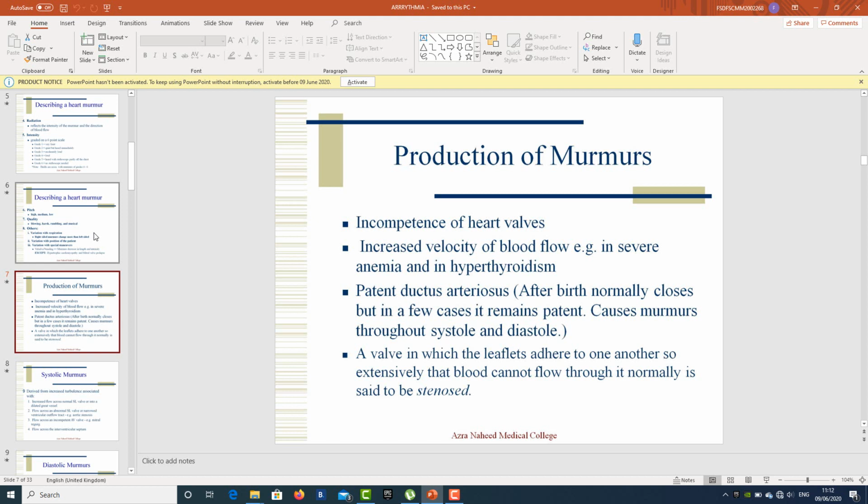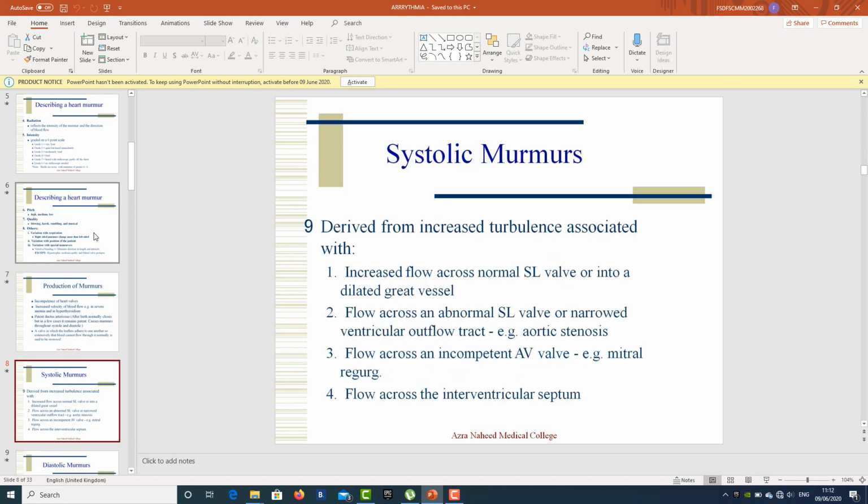It is very important to know that a valve in which the leaflets adhere to one another so extensively that blood cannot flow through it normally is said to be stenosed. Now let's talk about the systolic murmurs.